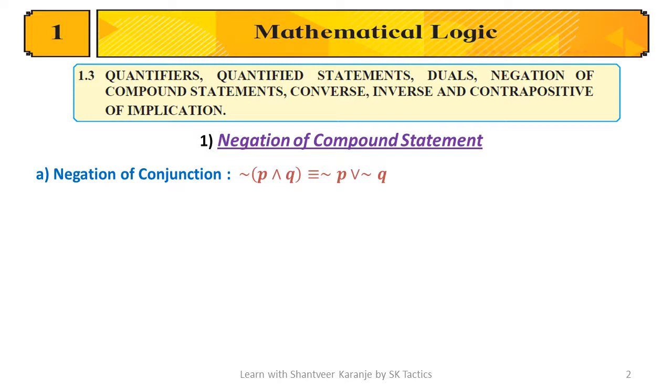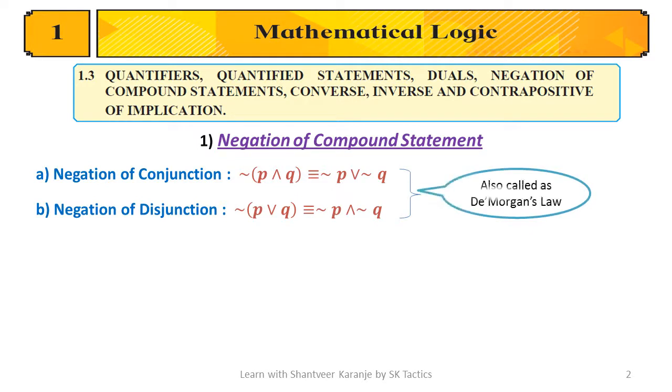The second is negation of disjunction: negation of (P or Q) is equivalent to negation of P and negation of Q. These two are also known as De Morgan's laws. I repeat, negation of conjunction and negation of disjunction are also known as De Morgan's laws.